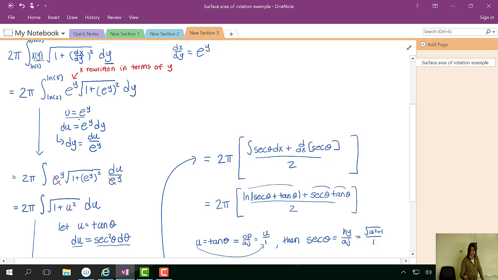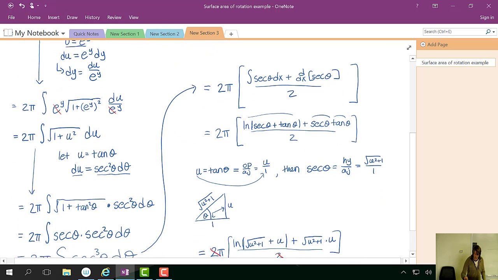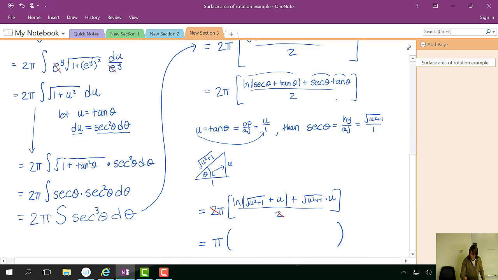So that means we have to take this one and now plug it back in to get in terms of y again. So natural log of, let's see, square root u squared plus 1 is e to the y squared. It's bigger.